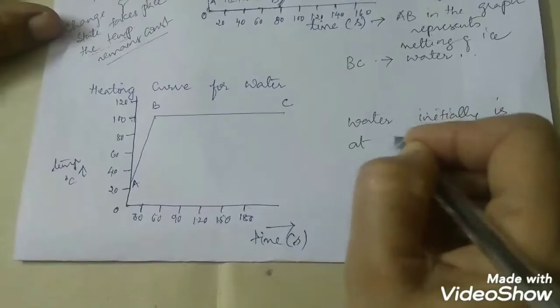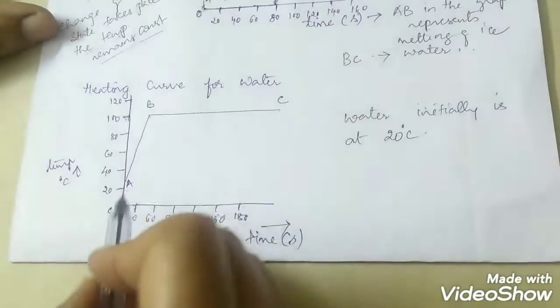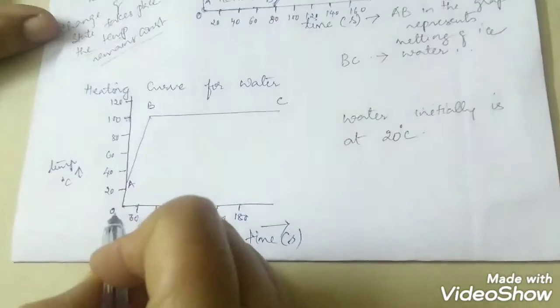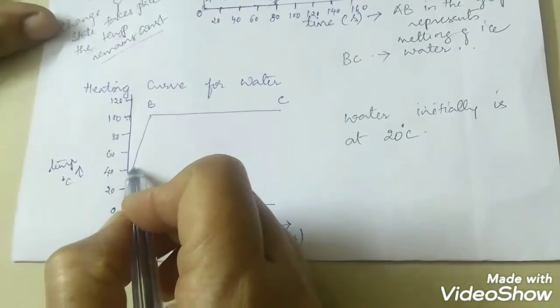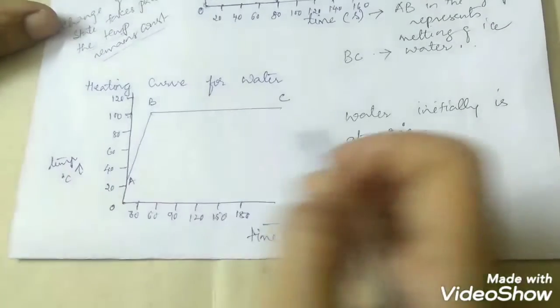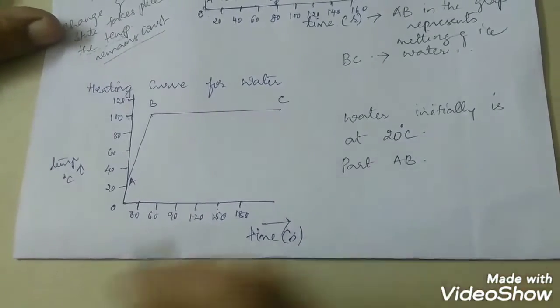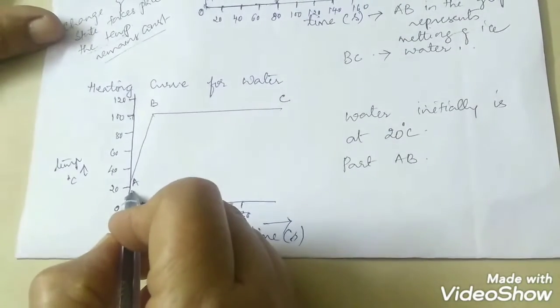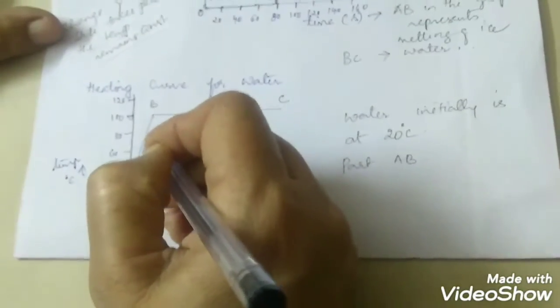When we start heating water at 20 degrees Celsius, in the beginning there will be a gradual rise in temperature, shown by the part AB in the graph.